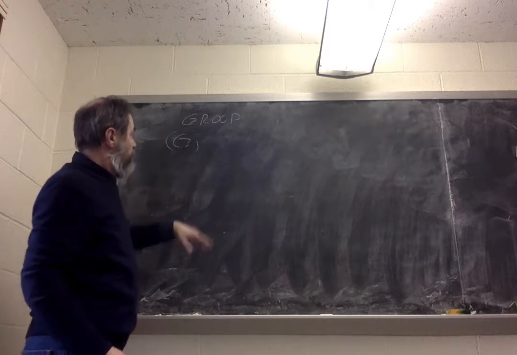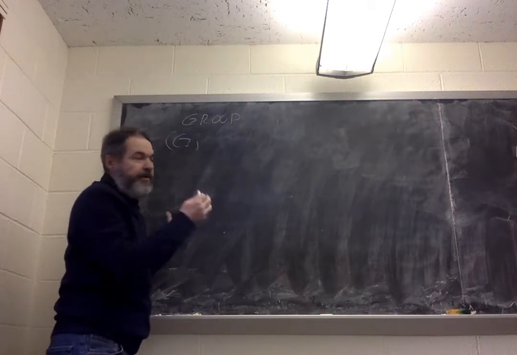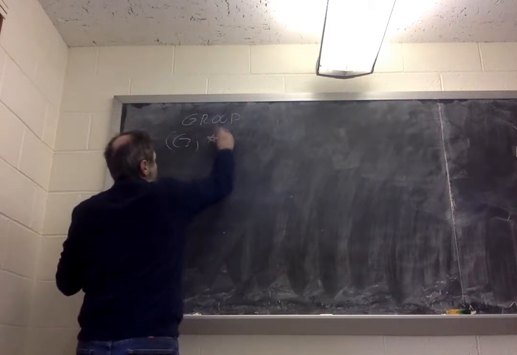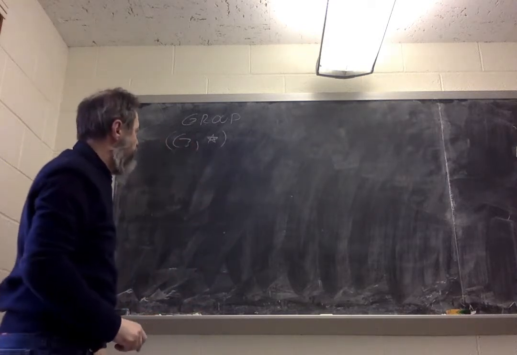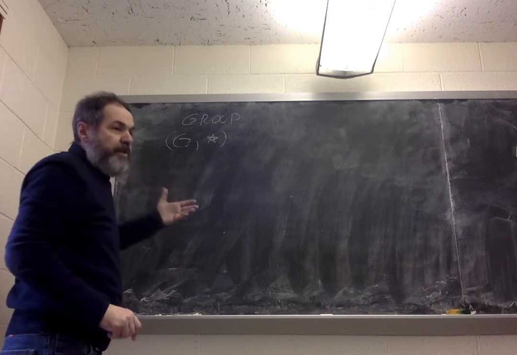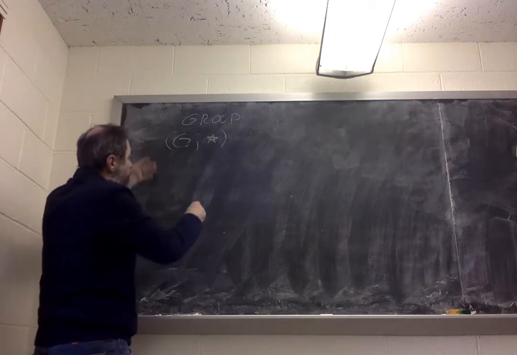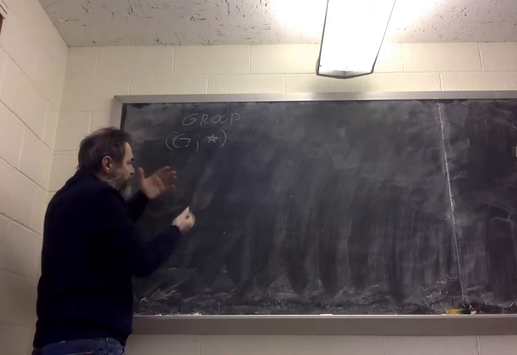If I have a set of elements and I have an operation, say star, like addition or multiplication of matrices, the only requirements are that it will be a group provided several things happen.